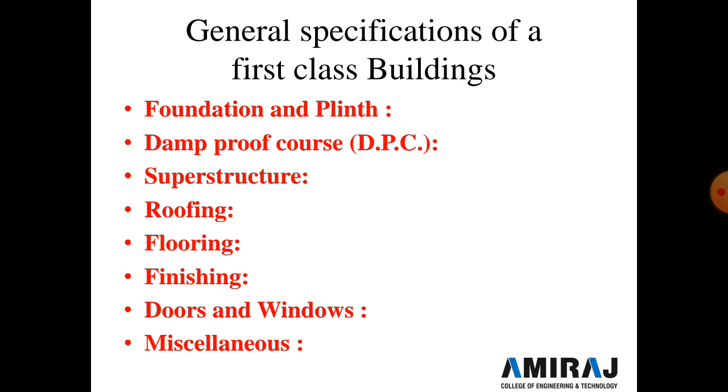Now next, the specification for finishing work is that inside and outside finishing shall be 12 mm thick cement mortar plaster, and the inside of the drawing, dining and bedroom shall be distempered, and remaining portions white wash with 3 coats applied, and outside 2 coats of decorative waterproofing cement coating is compulsorily required.